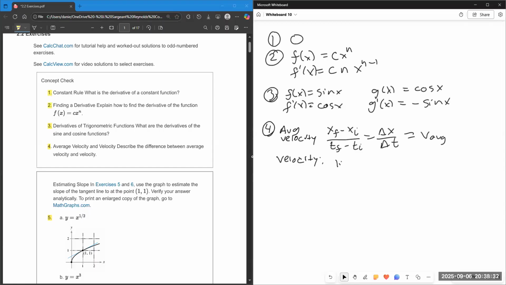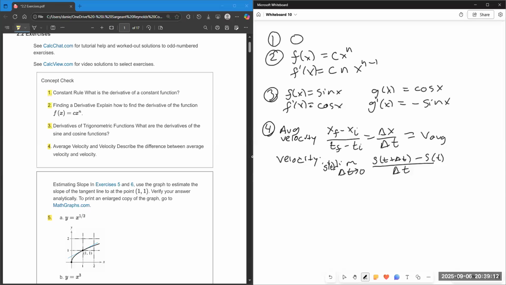It's going to be the limit as delta t approaches 0 of s of t plus delta t minus s of t over delta t, like that. And that'll be s prime of t, like so.